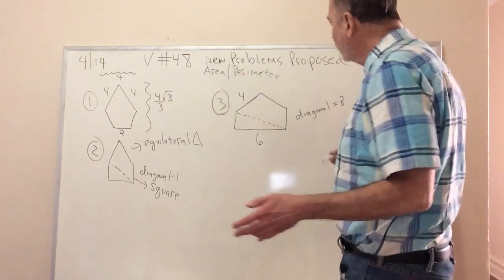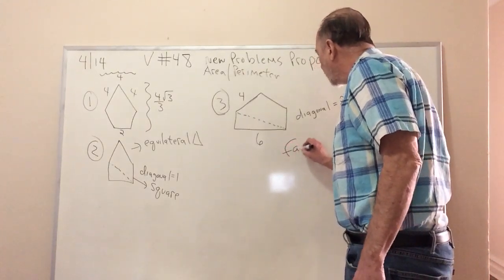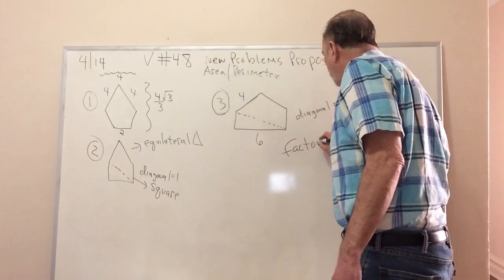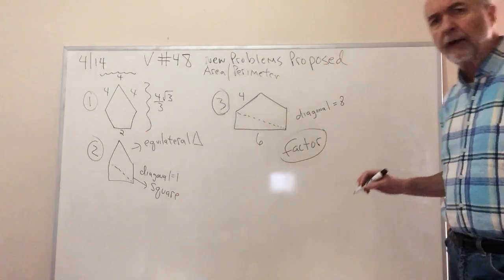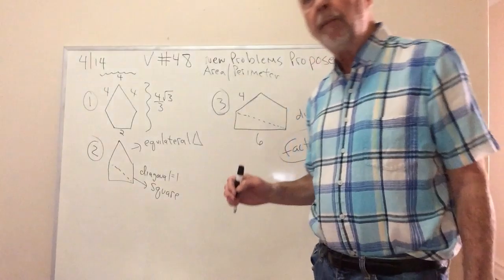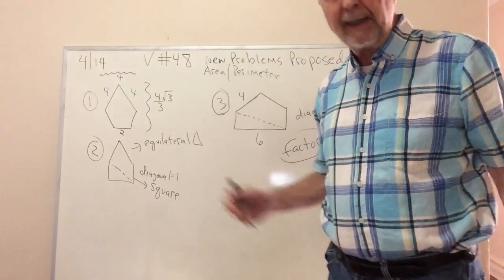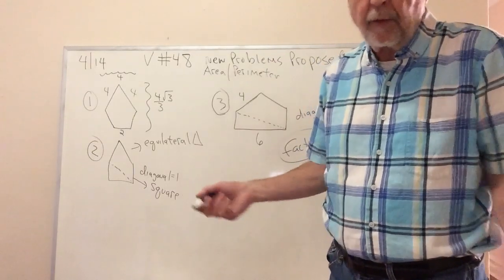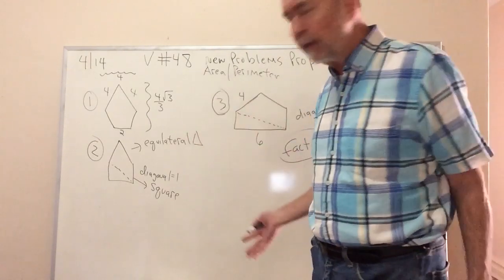Also, on this last one, I'm going to do something I never did before with you guys. I'm going to factor the answer. And boy, oh boy, is this an important word. We're going to use radicals for factoring. I know you did a little bit of it in 6th grade. Again, how important 6th grade is, right? All the things that we do in 6th grade pop up like a jack-in-the-box in 8th grade.